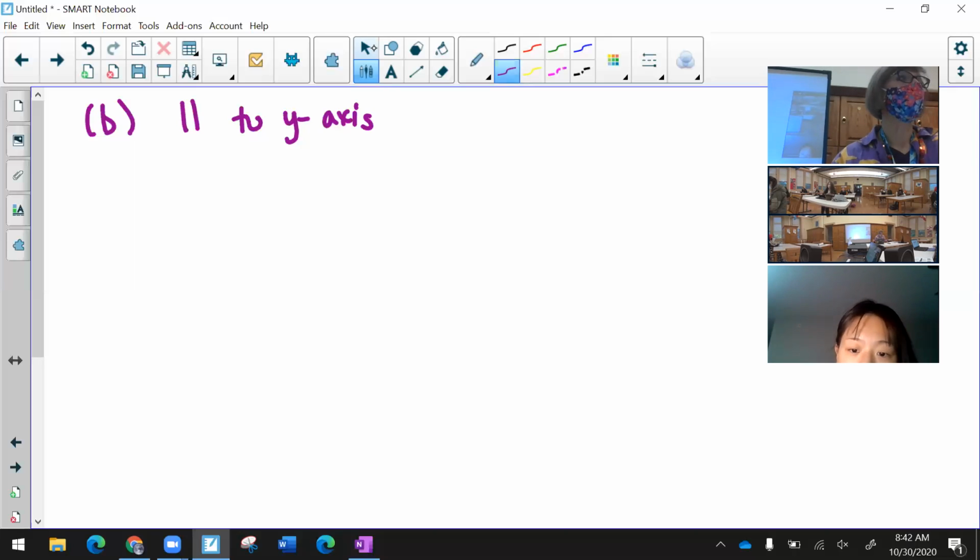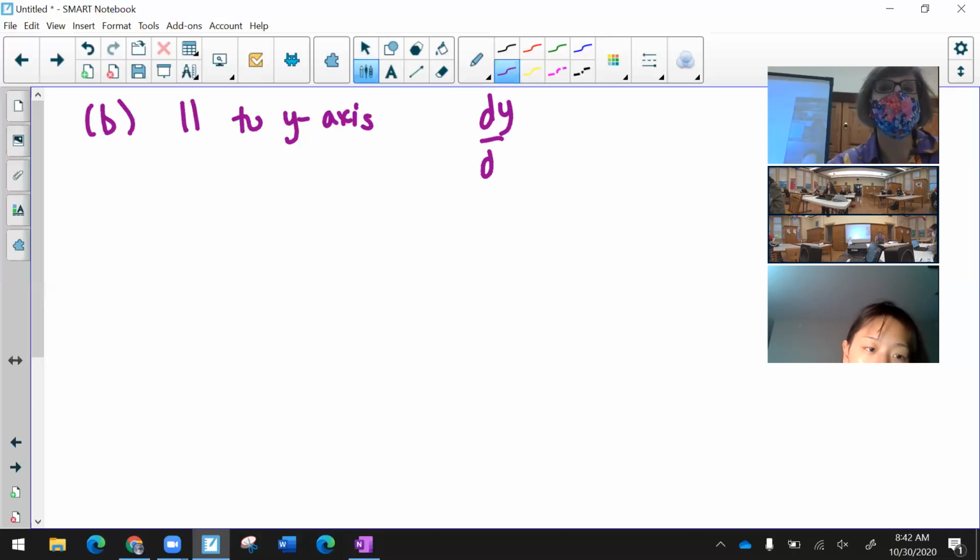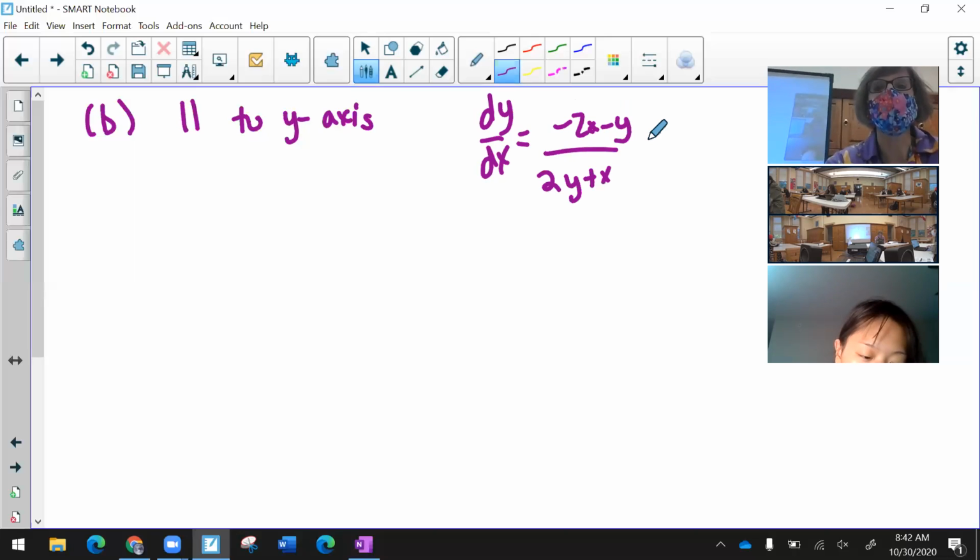So I could take the derivative that I found and set it equal to infinity, which would mean I was doing what? Remember, I have dy/dx is equal to -(2x plus y) over (2y plus x).